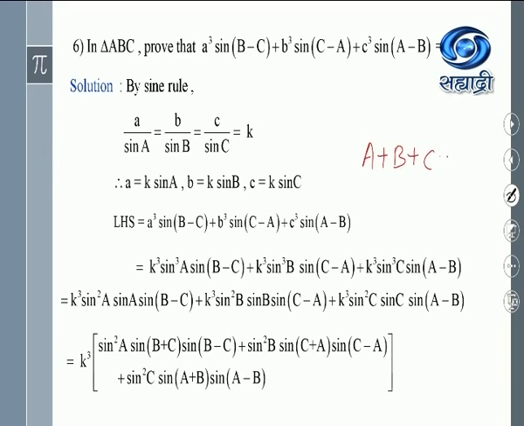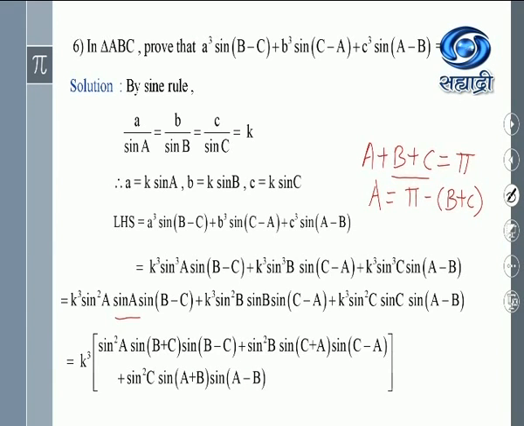The sum of the angles of a triangle is equal to 180 degrees. Okay, now we see how to write this sine a. I write a is equal to pi minus into bracket b plus c. This term b plus c I write on the RHS.